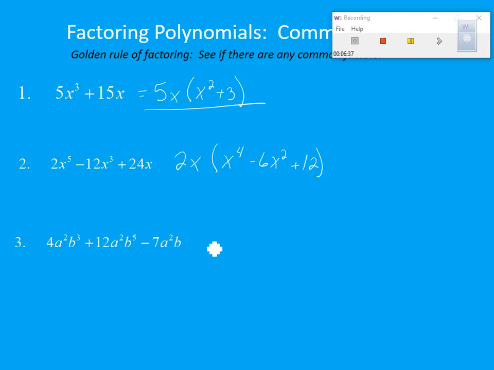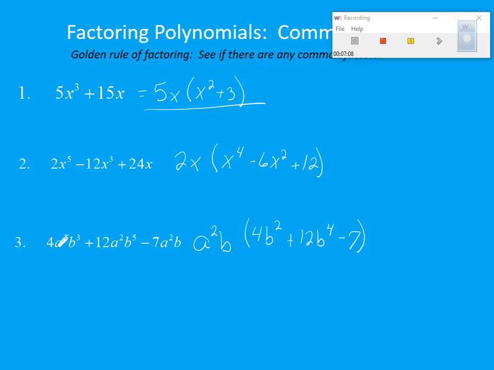So I'm going to factor out an a squared and a b, which leaves me a 4b squared, because we factored out both of those a squareds, plus 12b to the 4th minus 7.